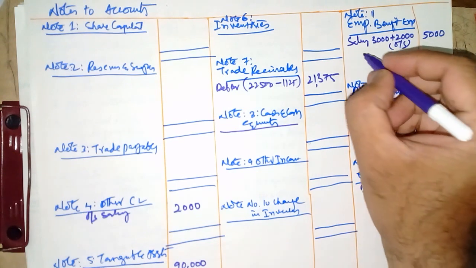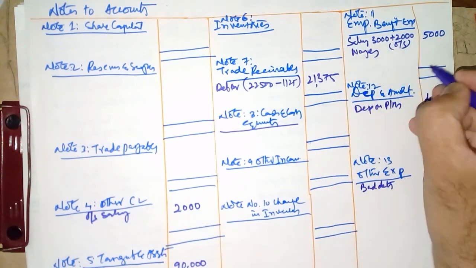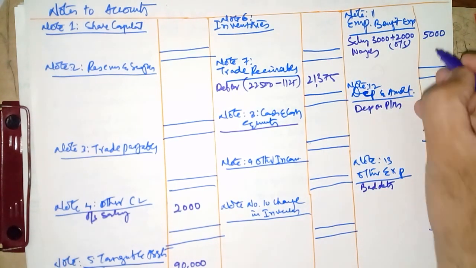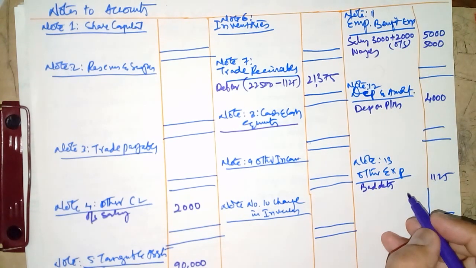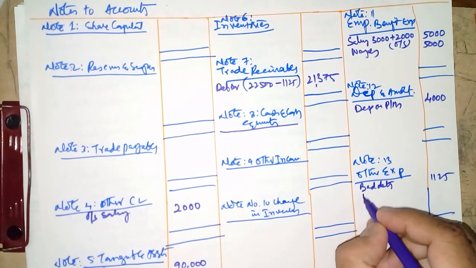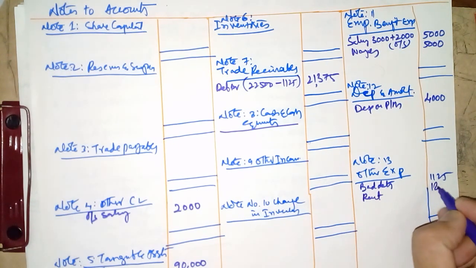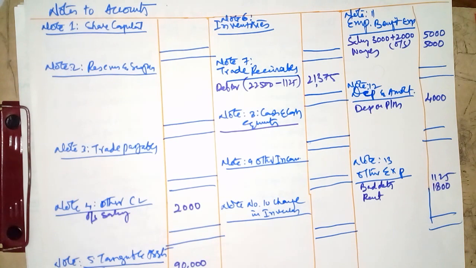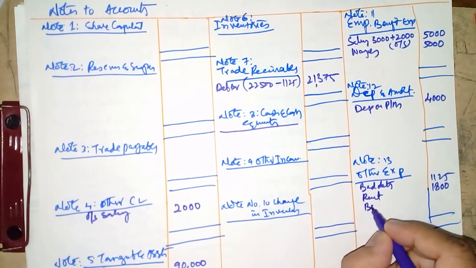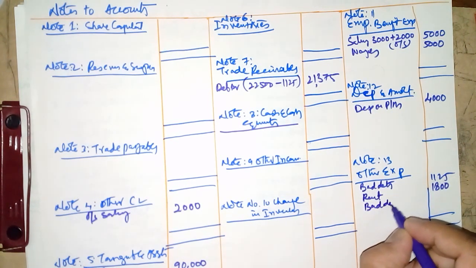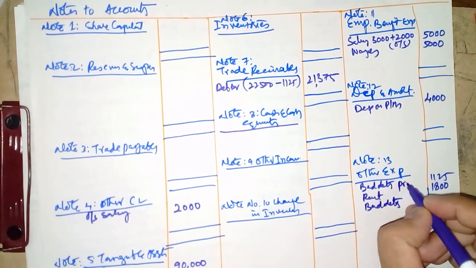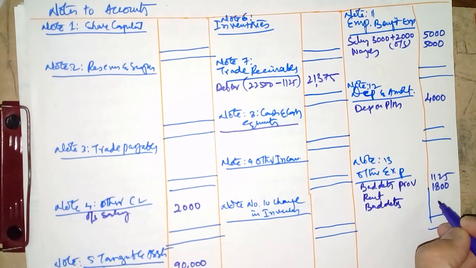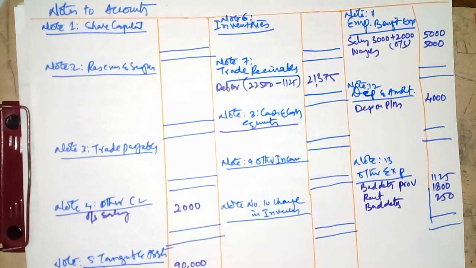So here the amount of wages is 5,000, right? Then after wages we have rent. Rent is other expenditure 1,800. After rent I have shown you bad debts already, right? So the earlier one was the provision, now it is directly bad debts 250, right? Which all comes under the other expenses, right?